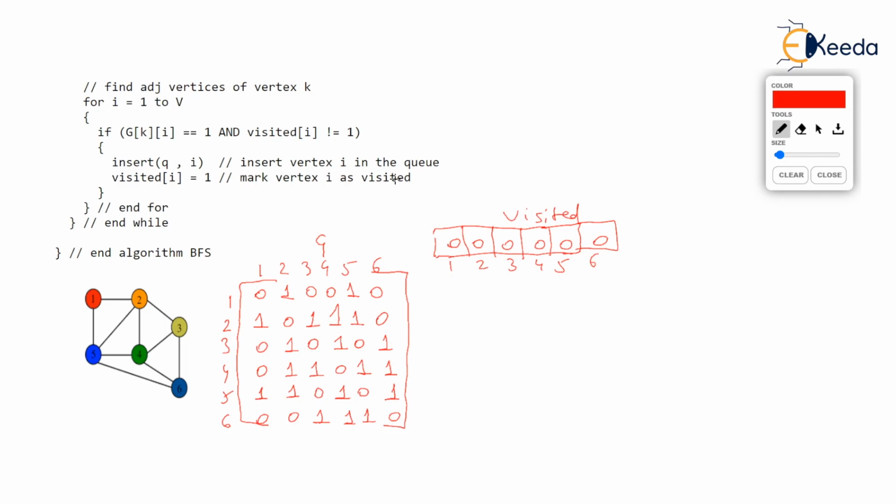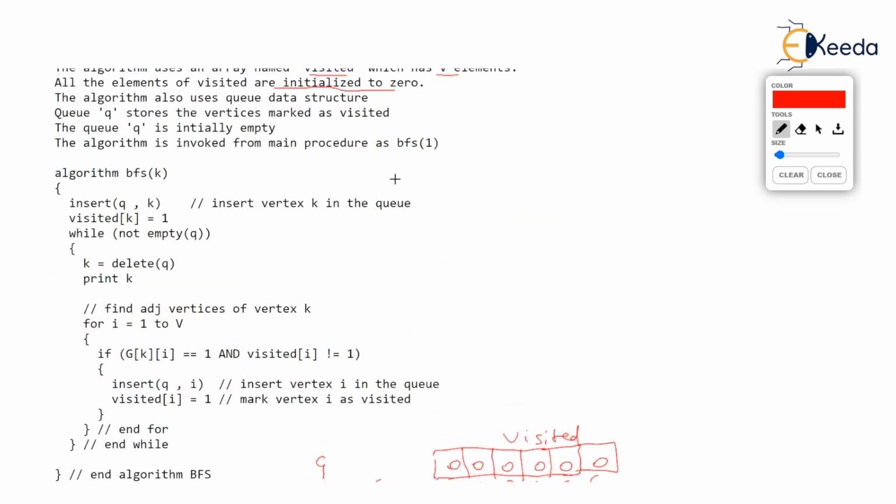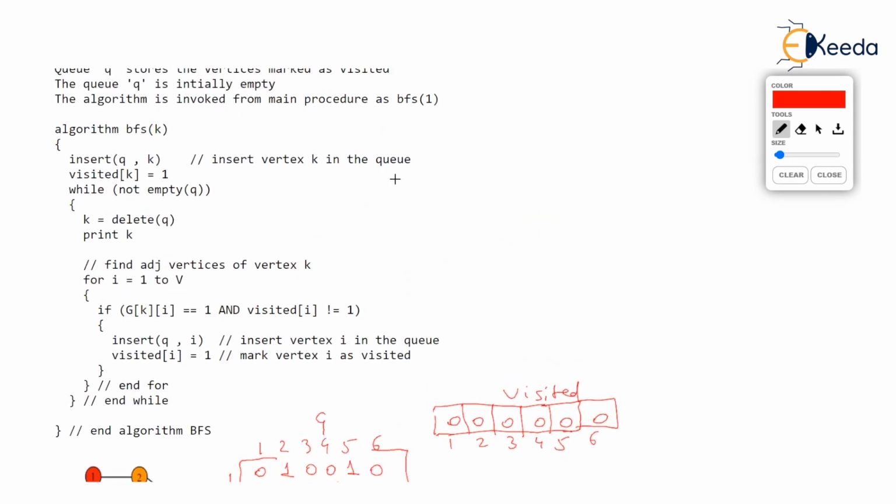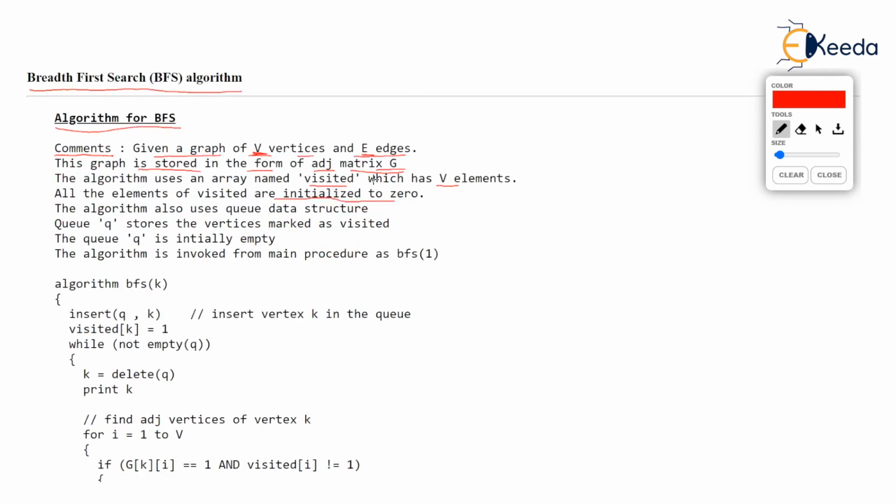Okay, what else we have? The other thing in the comment here is that the algorithm also uses a queue data structure, first in first out, FIFO data structure. The queue stores the vertices which are marked as visited, and the queue is initially empty.